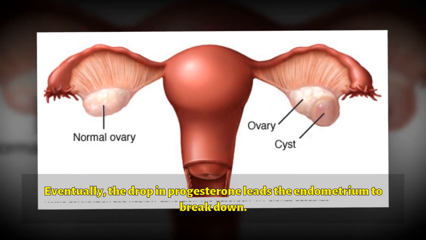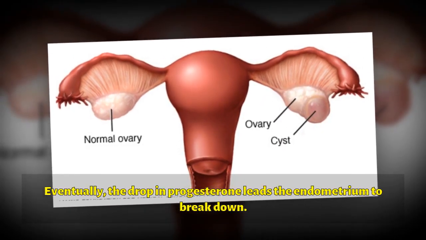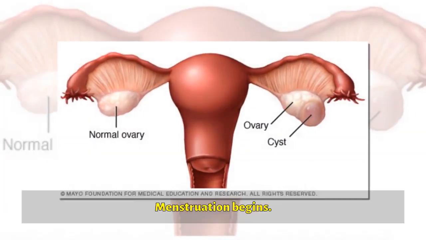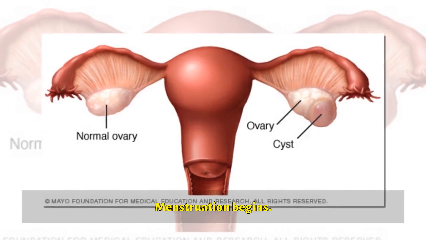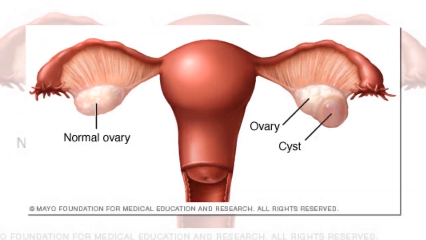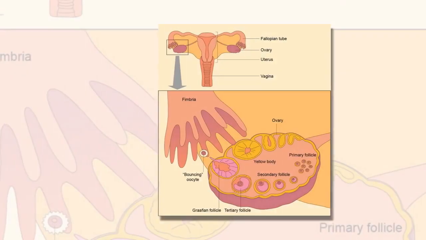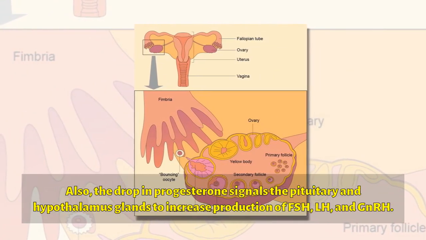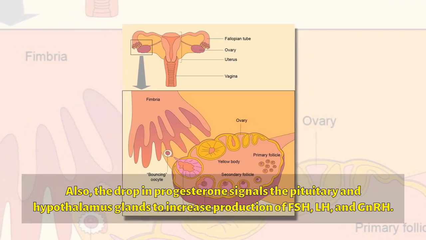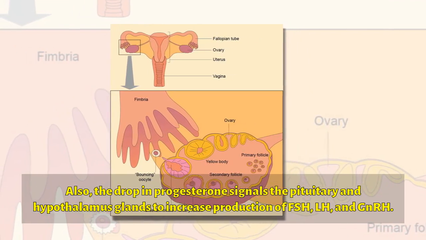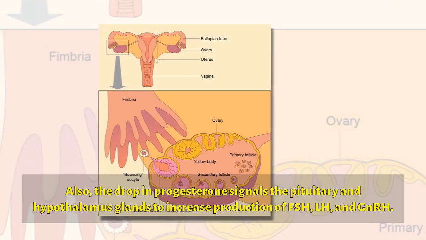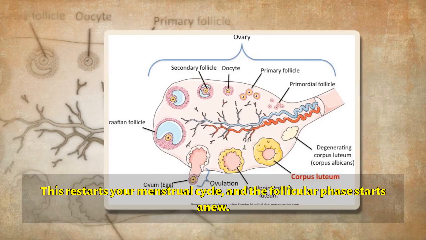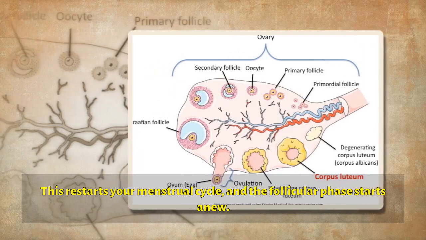Eventually, the drop in progesterone leads the endometrium to break down. Menstruation begins. Also, the drop in progesterone signals the pituitary and hypothalamus glands to increase production of FSH, LH, and GnRH. This restarts your menstrual cycle, and the follicular phase starts anew.